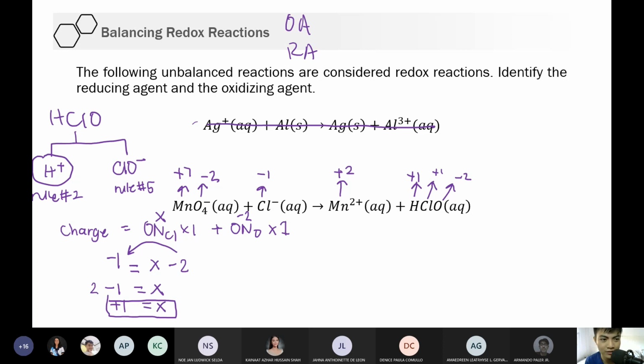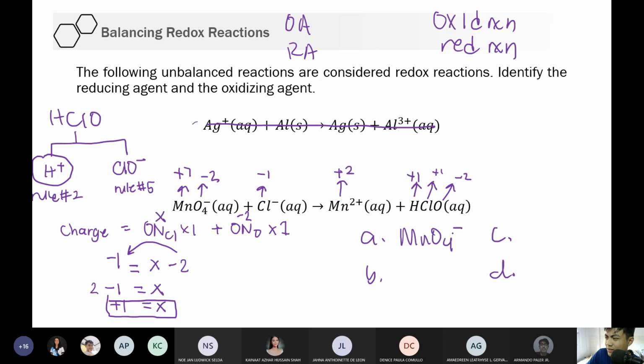So, with all those oxidation numbers, I want you to tell me, okay naman, tell me kung sino yung oxidizing agent, sino yung reducing agent, sino yung nag-undergo ng oxidation reaction, sino yung nag-undergo ng reduction reaction. Choices mo ulit. Imagine this as quiz, no? MnO4 negative, Cl minus, Mn2 plus, HClO.